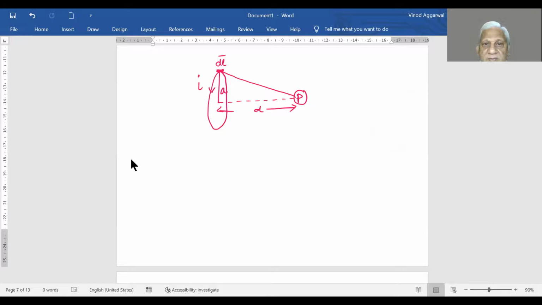And what will be the direction? First of all, it will be perpendicular to itself. So we can resolve it into two components. One is along this, and another is along this.